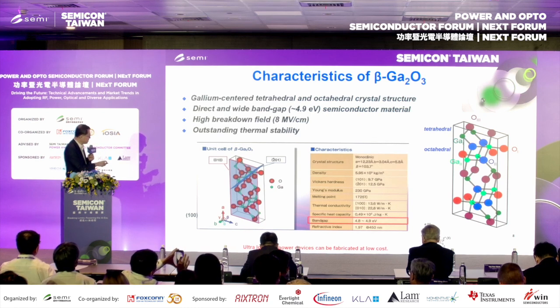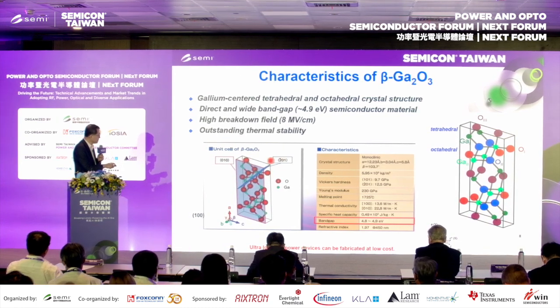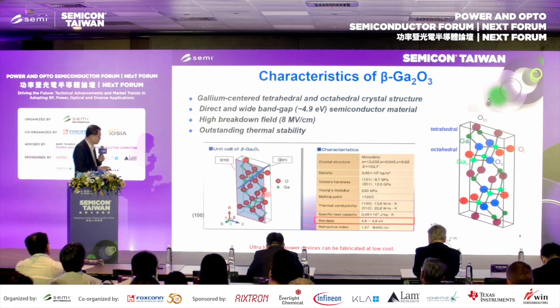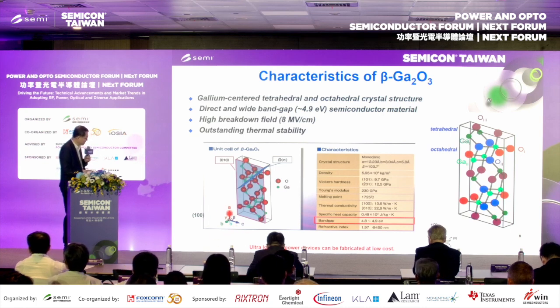This is the unit cell for the beta phase gallium oxide. The red ball is oxygen and the green ball is gallium. You can see it's a monoclinic crystal structure.